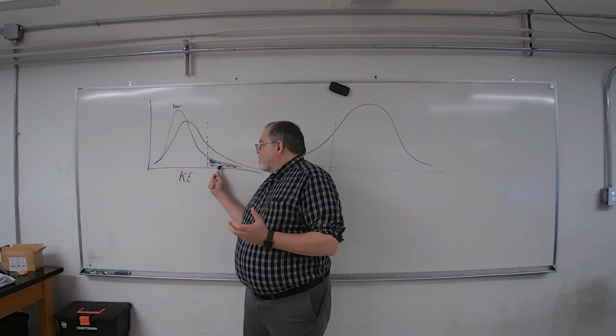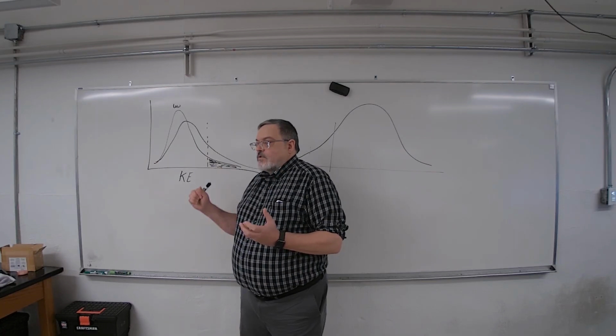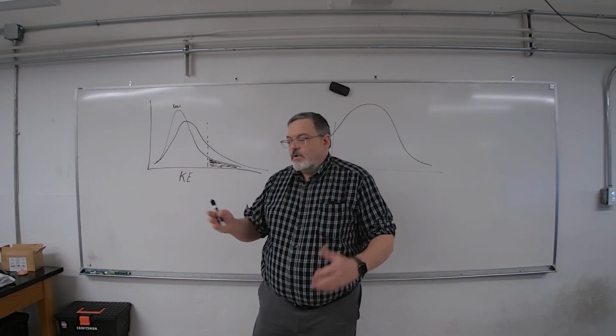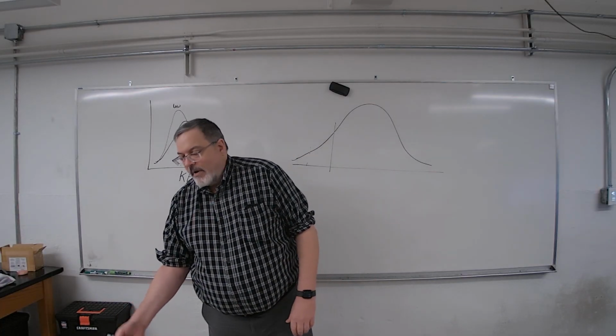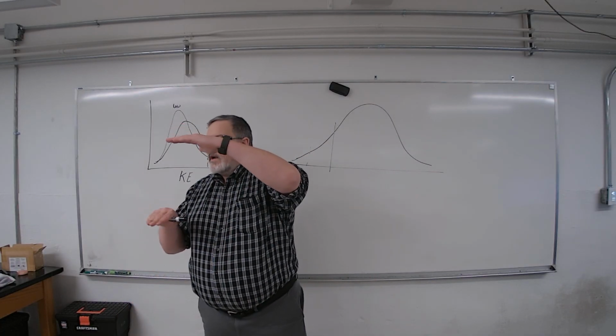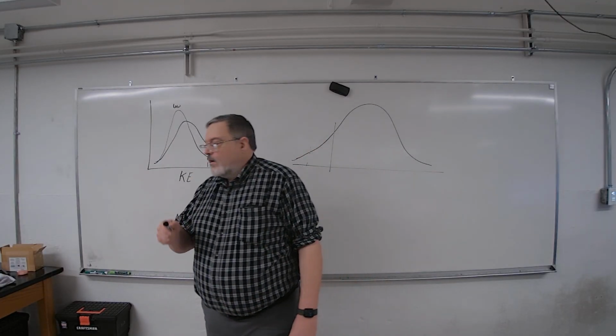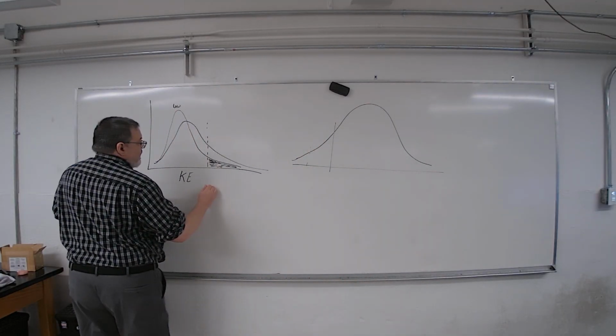And there are a few of those particles that have enough kinetic energy to escape the liquid. I said room temperature, but let's say somewhere between melting point and boiling point, somewhere in there. There are some that have enough kinetic energy to leave the bulk.